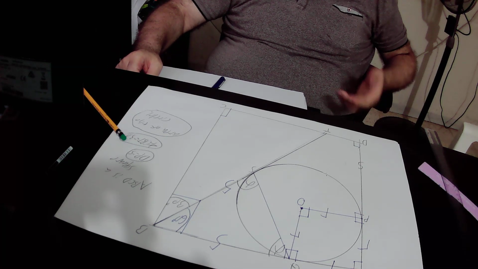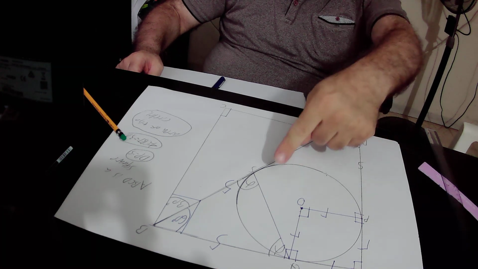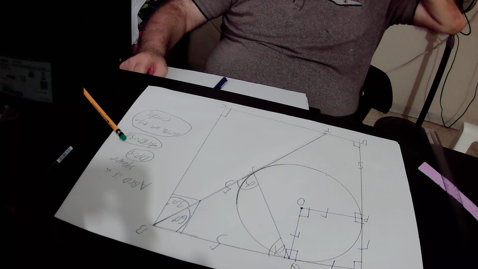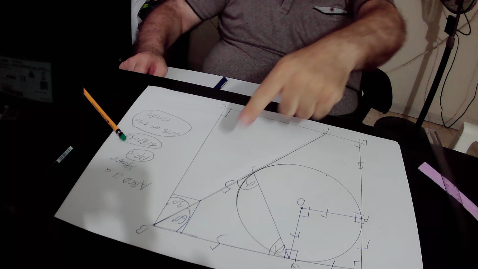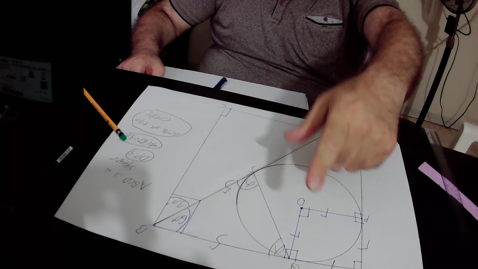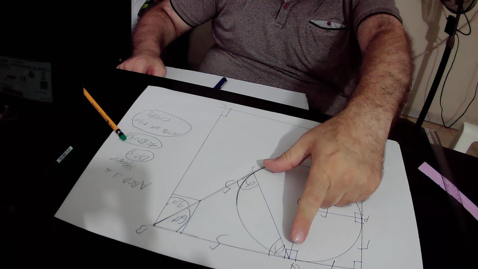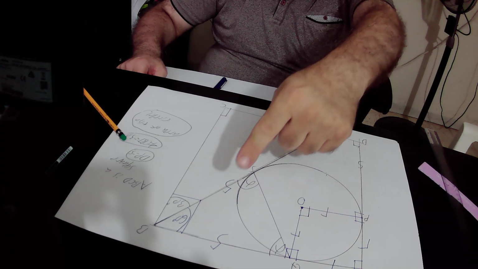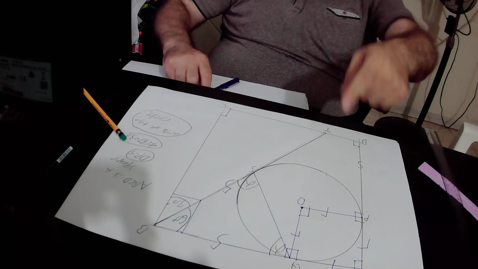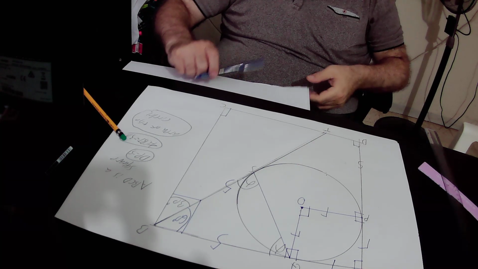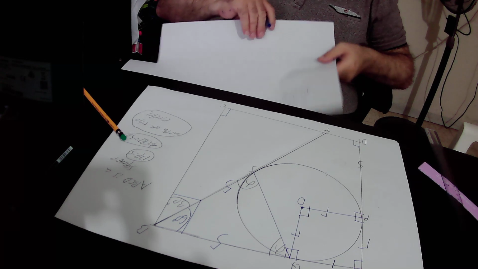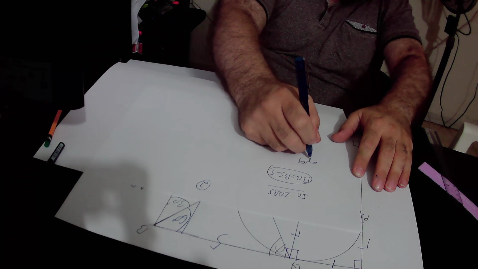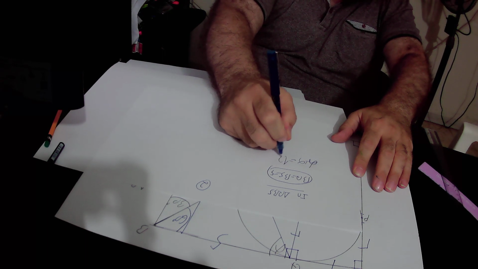Okay, so inside triangle QSB, we know that the sum of the angles must be equal to 180 degrees. This angle equals 60 degrees, so the two other missing angles must be equal to 180 degrees minus 60 degrees, that is 120 degrees. That is to say, alpha plus alpha equals 120 degrees.